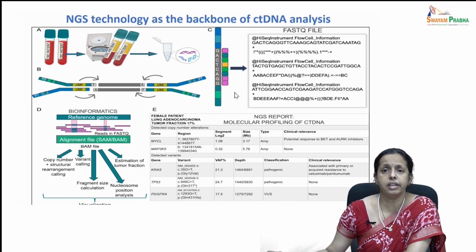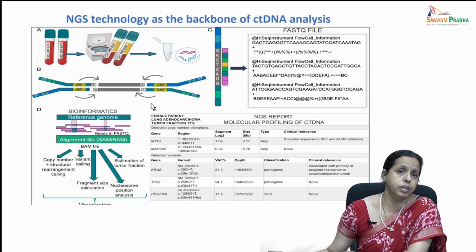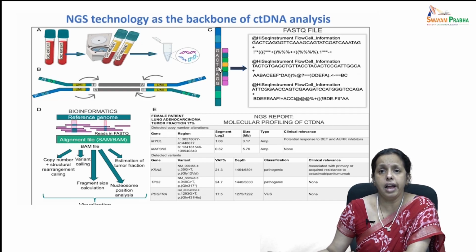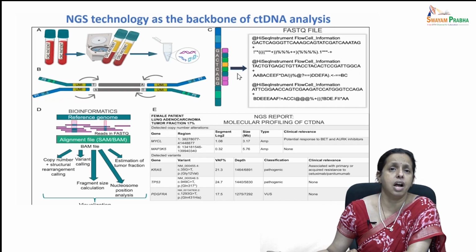Here the dark and the green-blue represent the Illumina adapters, P5 and P7, which will really hybridize to the flow cell, followed by bridge amplification after ligation to the cell-free DNA fragment.